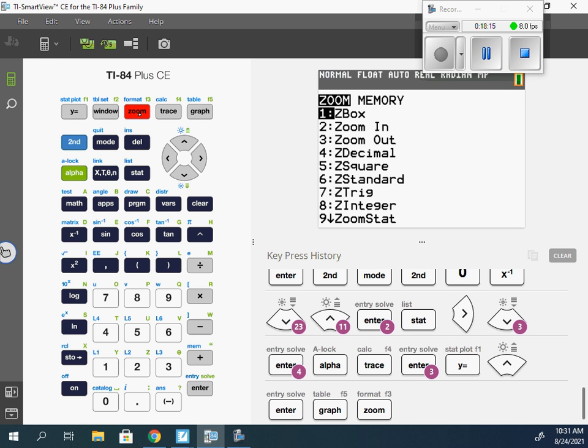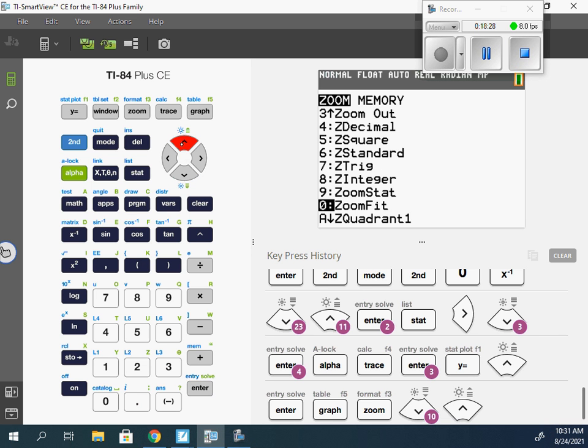Trigonometry, integers, zoom statistics, so if we're looking at stats. But none of these are what we want. Zoom fit. Zoom fit is going to tell the calculator, I want you to set the x and y values, or the way the grid's set up, so that it fits all the data.